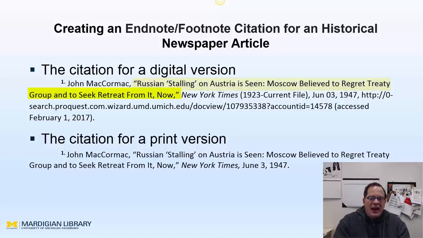the end quote, and then we have the publication name, in this case the New York Times, and it is in italics, and then we list the collection that this is coming from with respect to the database, and in this case it is the 1923 to current file of the New York Times historical newspaper, and then that is in parentheses, and then we have a comma, and then the date of the article, in this case June 3, 1947, and then a comma, and then the specific URL for this article that you found by going into the abstract and details section of the record, and then in parentheses you will have the accessed date.